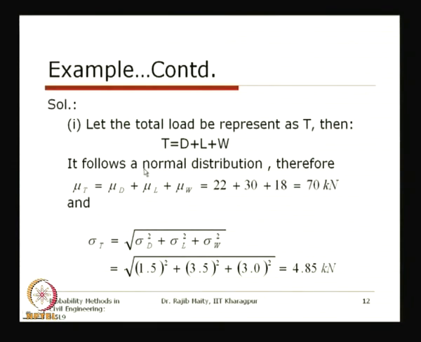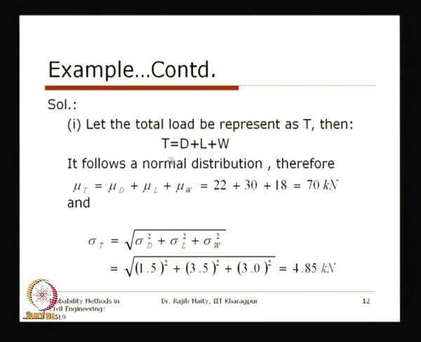Depending on that, the final answer may change, but here, if we just consider the total load as dead load plus live load plus wind load, then we know that if all three are normal distributions, the total also follows a normal distribution.